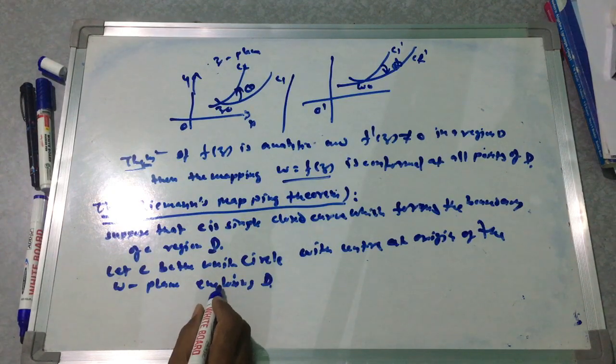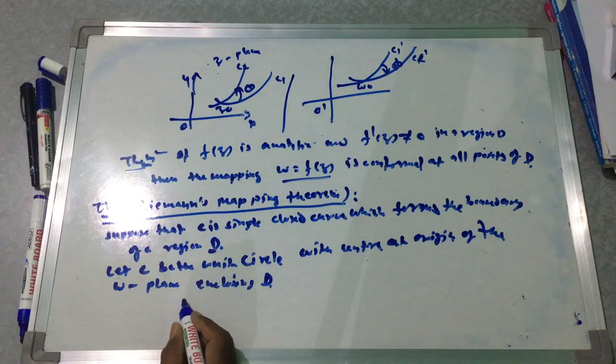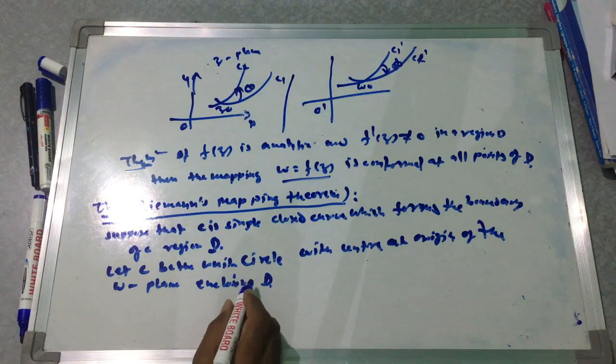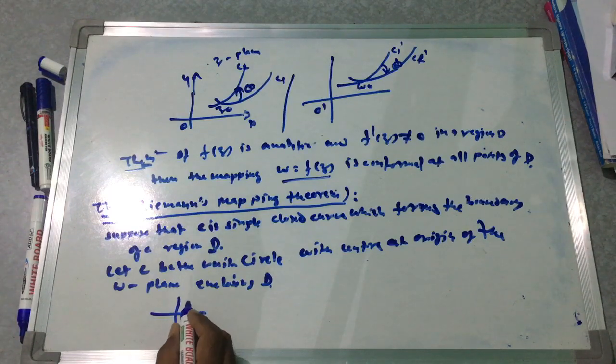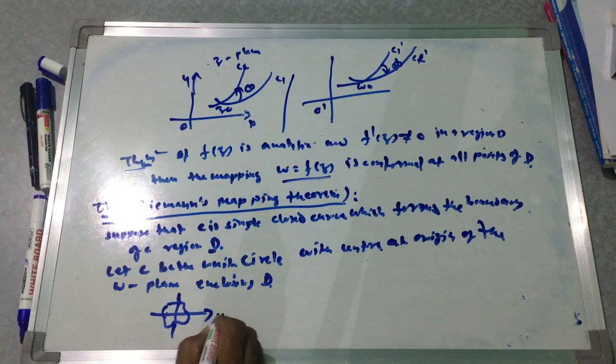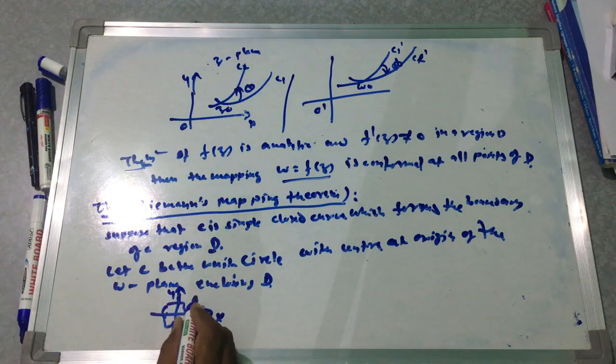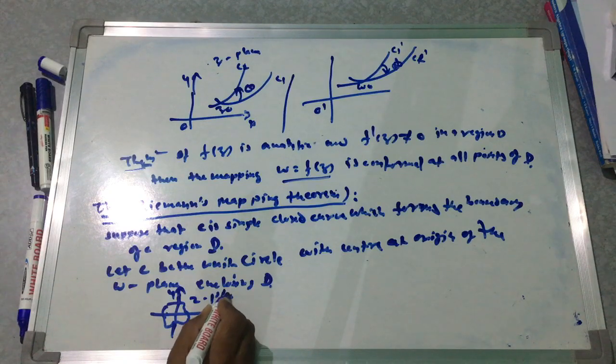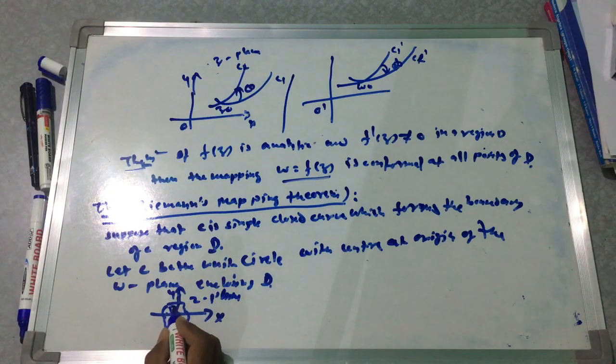We have here these two figures. This is X, this is Y, this is the Z plane, and this is the region D. This is O. So C is the closed curve in this manner, completed here.